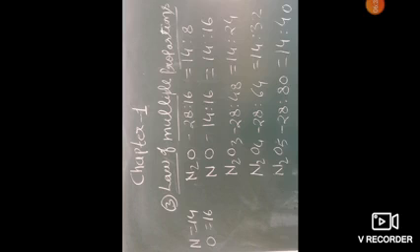It means if two elements can combine to form more than one compound, the masses of one element that combine with a fixed mass of the other element are in the ratio of small whole numbers. As you can see, the mass of nitrogen remains the same at 14, and oxygen changes.